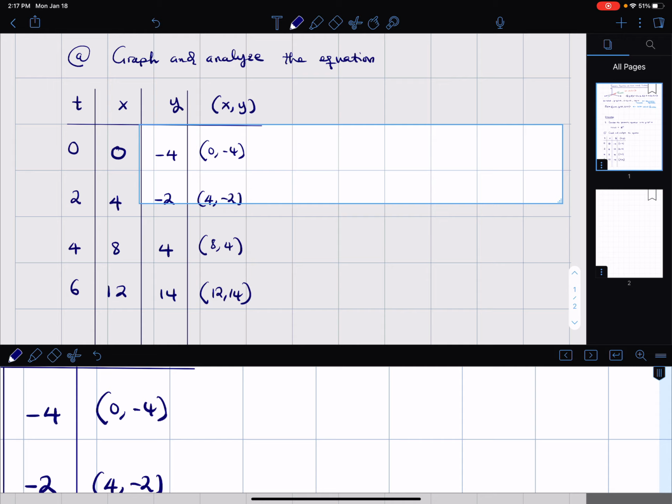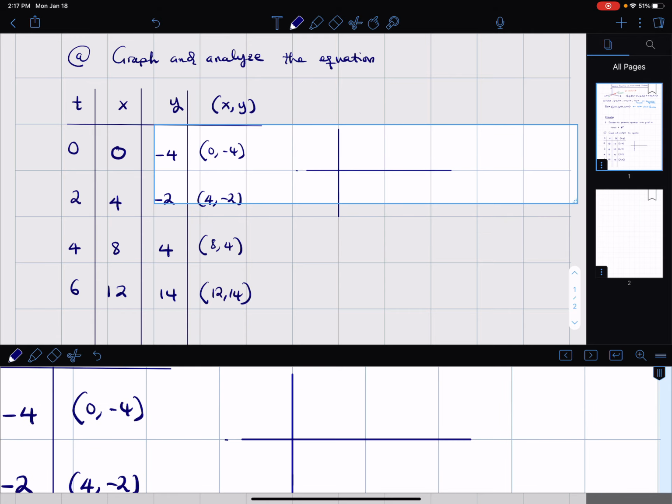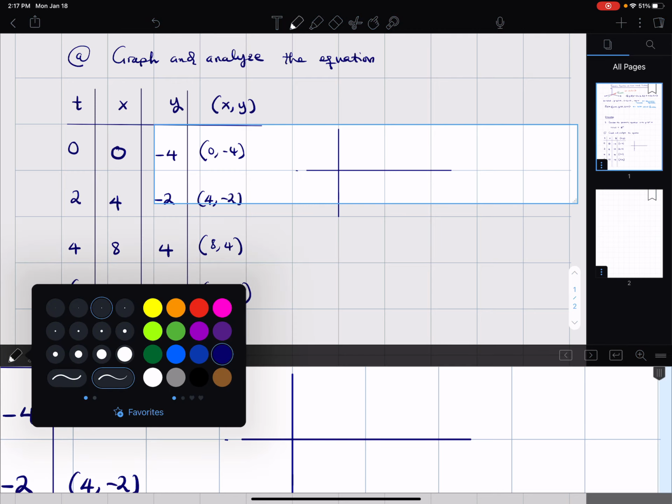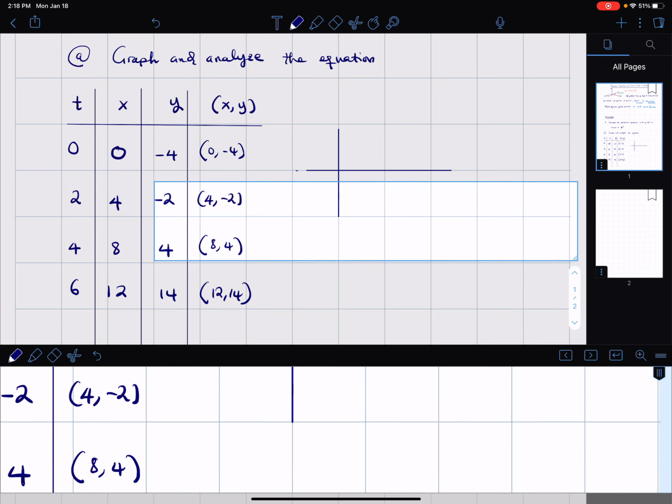So this is my y-axis, and this is my x-axis. I'm going to go all the way here for the y-axis, and then all the way there for the x-axis.